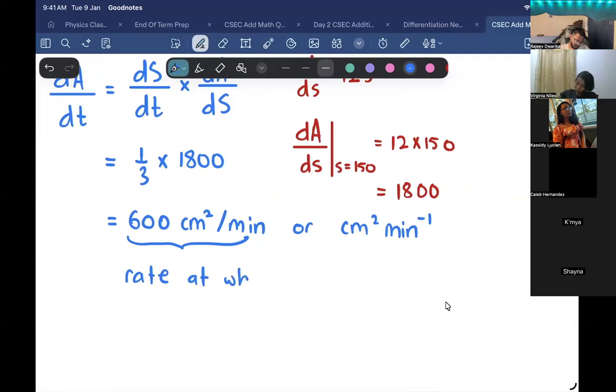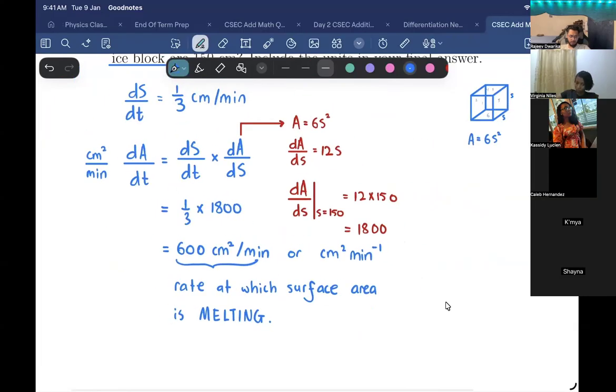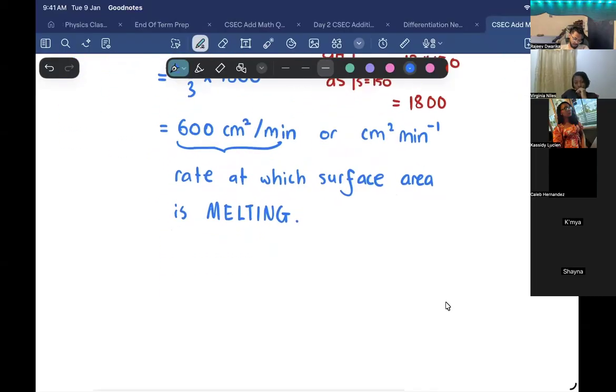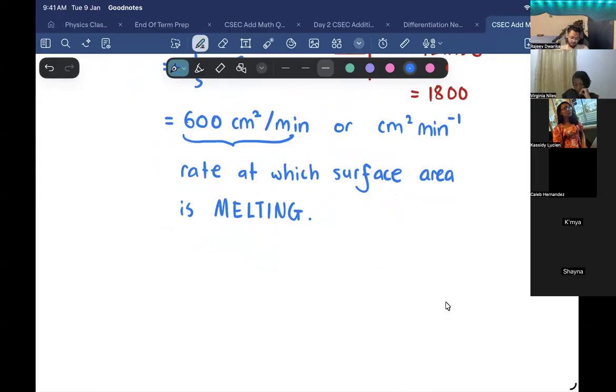So just to be explicit, you can say rate at which surface area is melting, and that implies it's negative. You don't have to say negative. If my teachers had to, they'd take a little one mark away for a negative sign. So I might just have to put it in. That's not a problem.